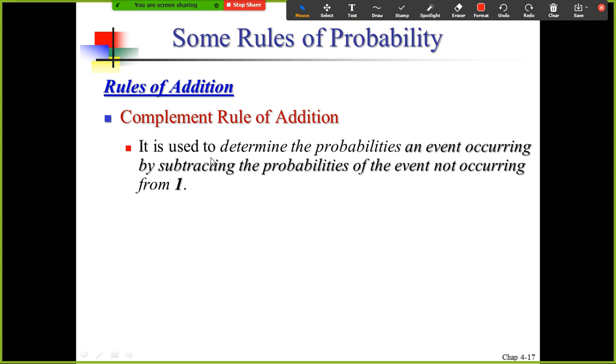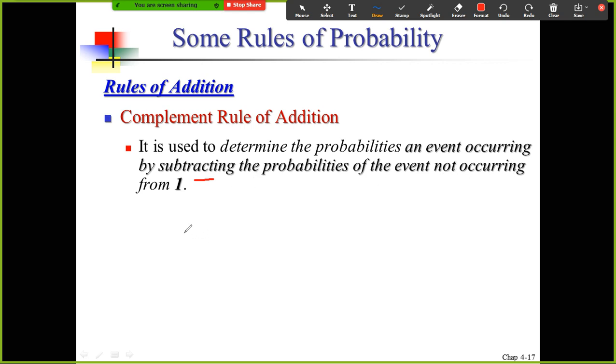It is used to determine the probability of an event occurring by subtracting the probability of the event not occurring from 1. That means by minus.